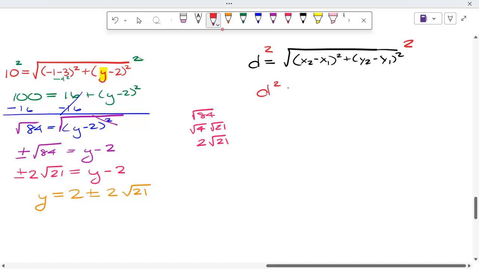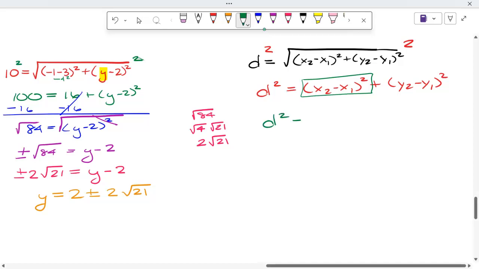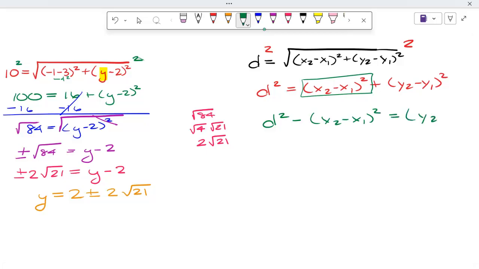So I get d squared is equal to x2 minus x1 squared plus y2 minus y1 squared. Well, I'm about to run out of time on my recording. And then I'm going to go ahead and have to subtract this whole entire term. So I get d squared minus x2 minus x1 squared. And that gets us equal to y2 minus y1 squared.